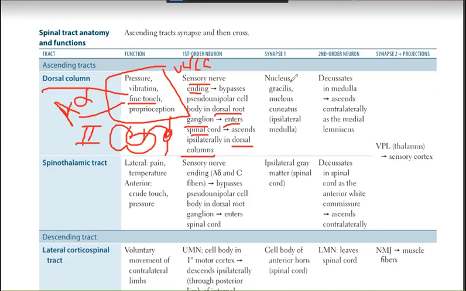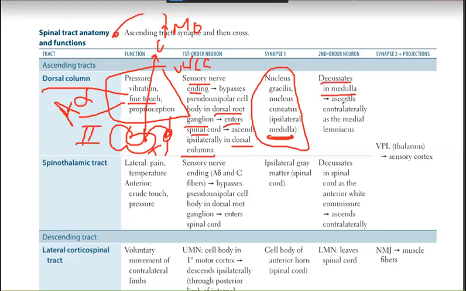Now the synapse will be at these nucleuses, but in the medulla, okay, and it will go from this thoracic segment to the cervical segment, and then to the medulla oblongata segment. In the medulla oblongata segment, it will go to the other side, so it decussates in the medulla and then ascends contralaterally as the medial lemniscus.